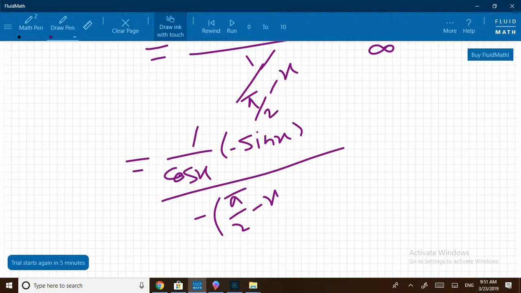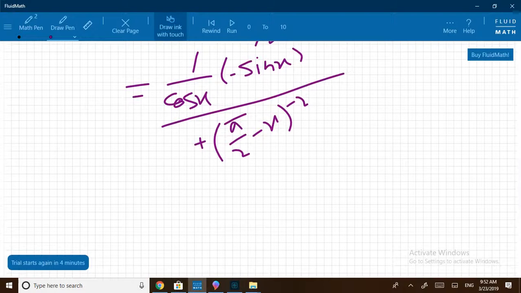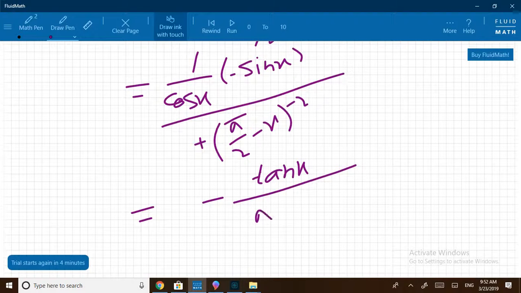Yes, this minus will get plus. So this will be equal to minus tan x divided by (pi by 2 minus x) raised to the power minus 2.